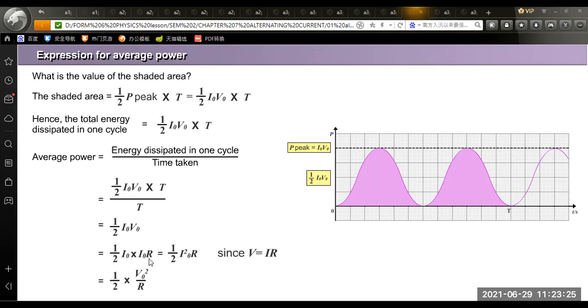Since V equals IR, we substitute in, and the average power can also be written as 1/2 V naught squared over R. Same thing for the power, we divide by 2.